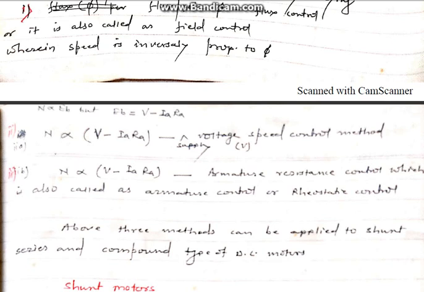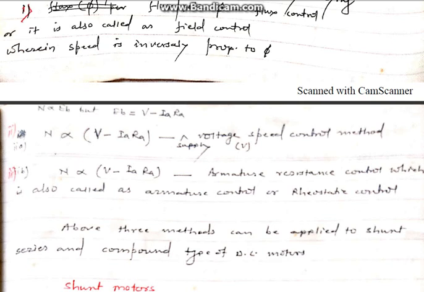In this relationship, one more quantity is present which you can vary, that is the armature resistance. If you increase or decrease the armature resistance, by introducing it externally in series with the armature, you can change the factor V minus IA RA.